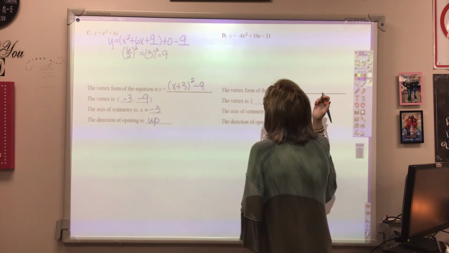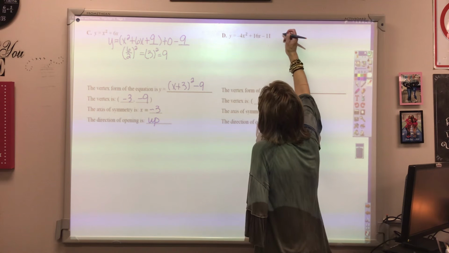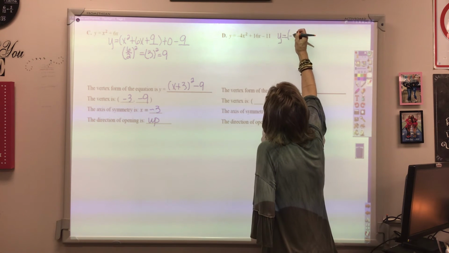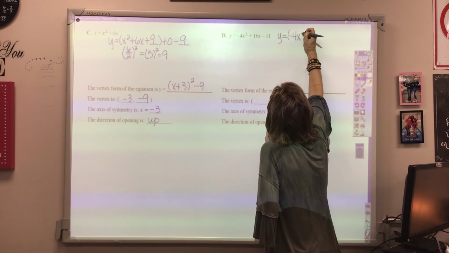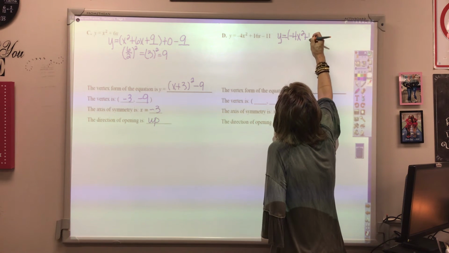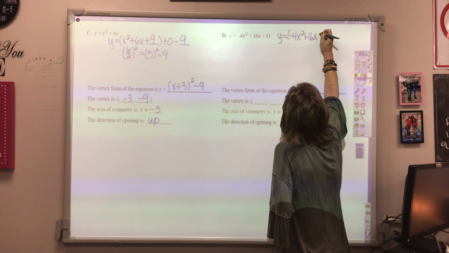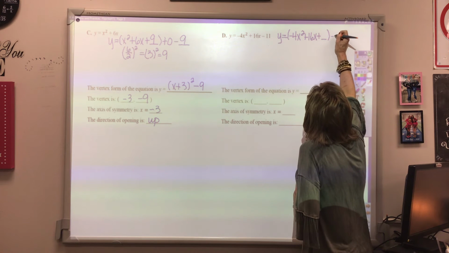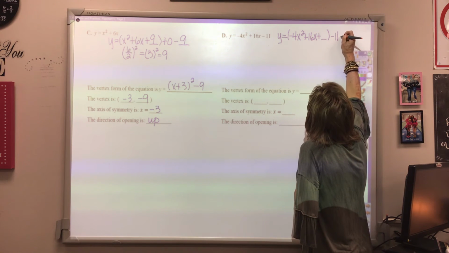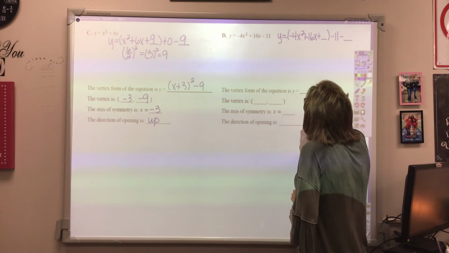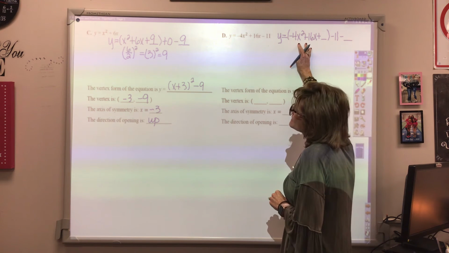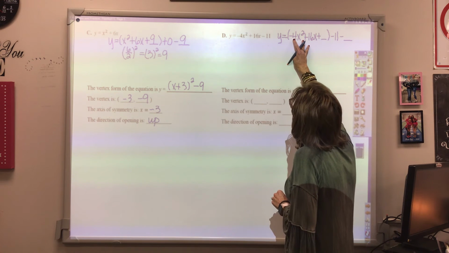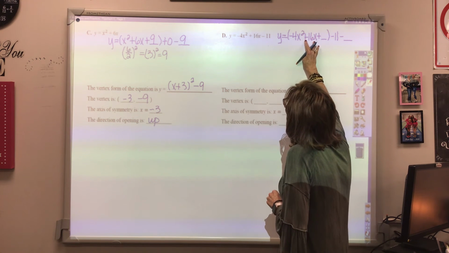On the next one, start off by writing it as y equals -4x squared plus 16x plus a blank, close your parenthesis, minus 11 minus the blank. Notice on this one, as in example A, that we've got a greatest common factor. We can factor out a -4 here.